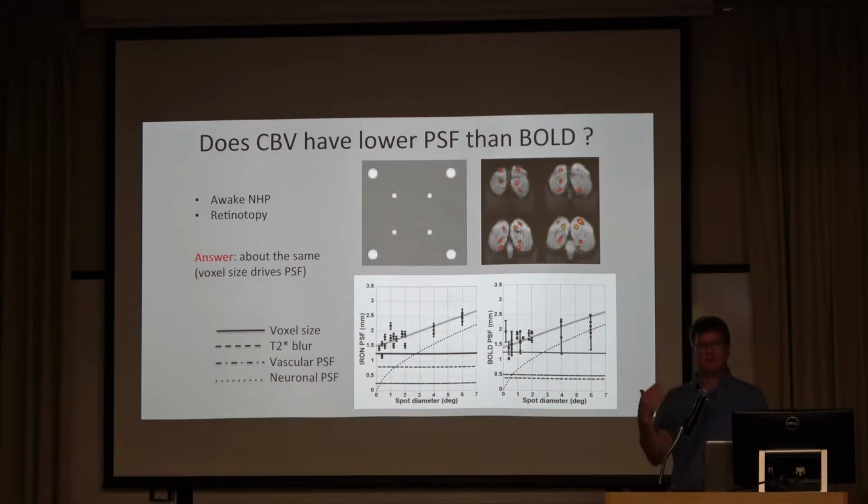Now, there was a paper by Huber et al. using VASO just very recently, where again they were describing the point spread function on the order of millimeters, right? But it's not millimeters. People who use 3 millimeter voxel sizes found 3 millimeter point spread functions. Here, we tried to model this, and by far the biggest contribution is our voxel size.